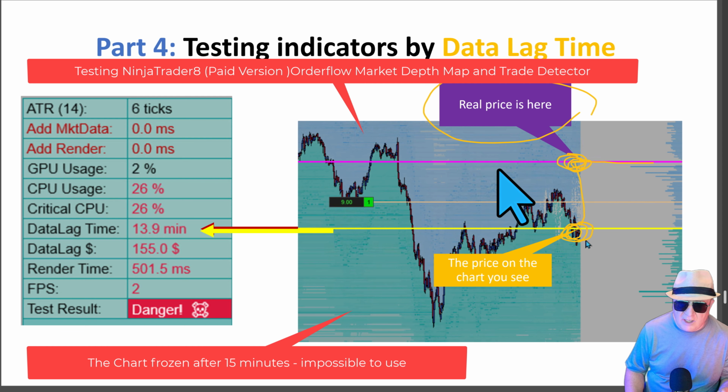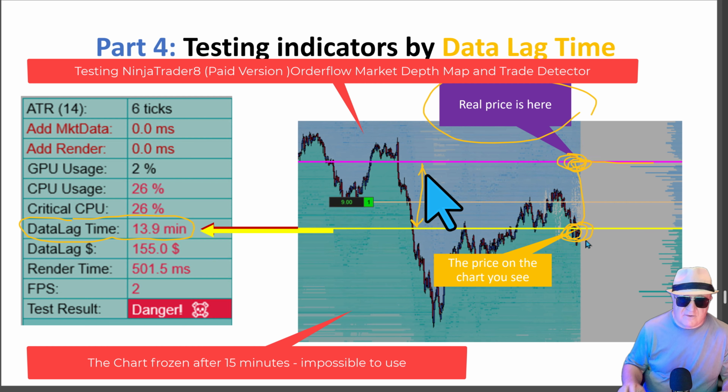The only way to understand the difference is actually to see the numbers. The data log time shows how many minutes or seconds there is a difference between the real price and the price line that's shown to us.